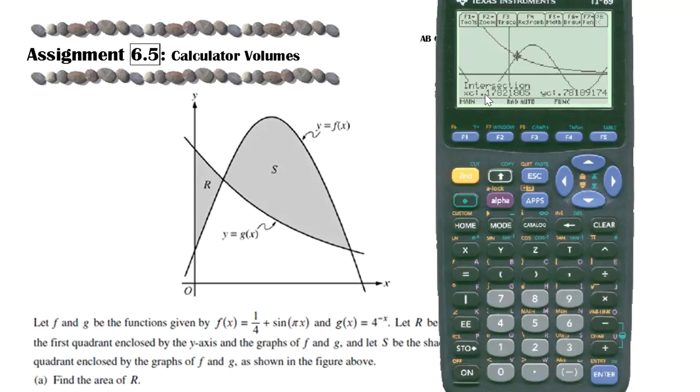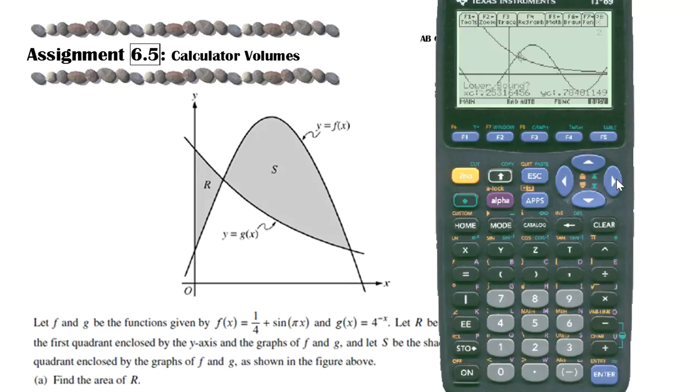I want to write this down, and remember this early in the problem, do not round to 3 decimal places. Keep extra digits. So we're going to write down these coordinates. Right now, while I have the calculator out, I'm going to immediately find the other intersection. You can pause to write that down, but now I'm going to find the other intersection.